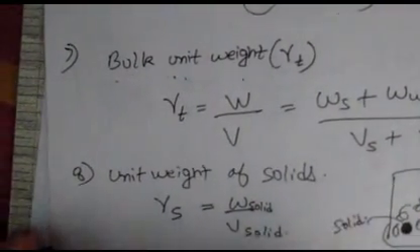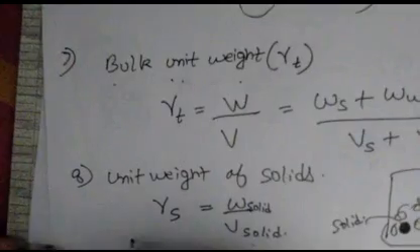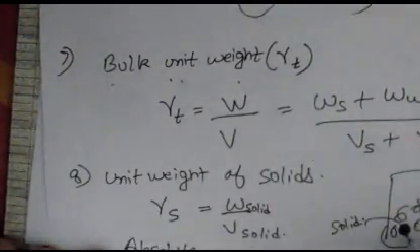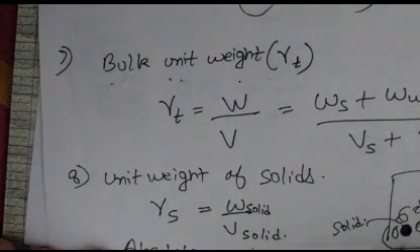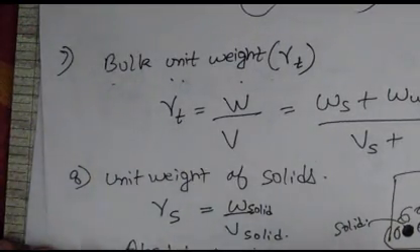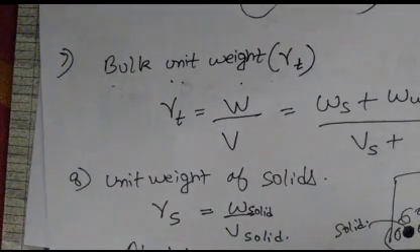This is also called absolute unit weight, because absolute means pure. We are taking purely the unit weight of the solid particle, because soil basically comprises solid particles. Absolute unit weight, pure, perfect. So this is the unit weight or absolute unit weight of the solids.